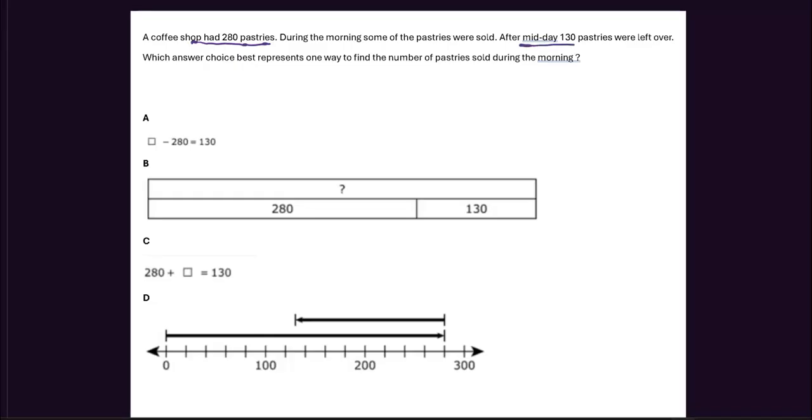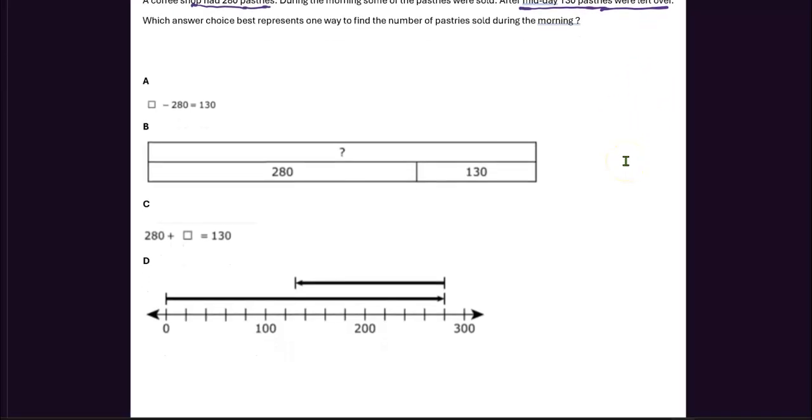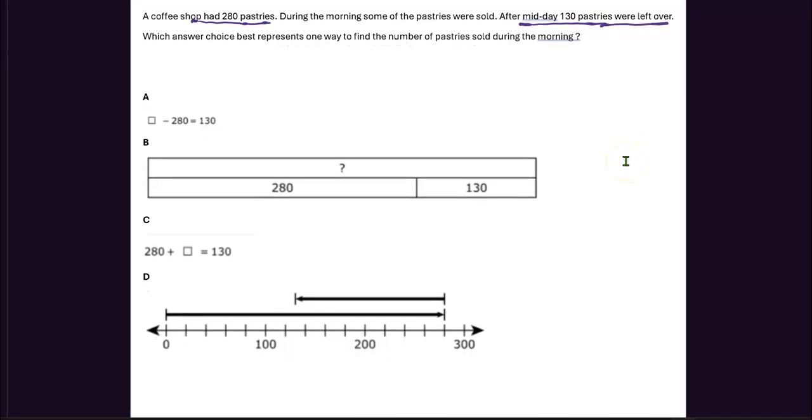At midday, they had 130 pastries left over. They want to know which one of the answers represents how to find the number of pastries sold in the morning. Well, we know that 280 is the total.